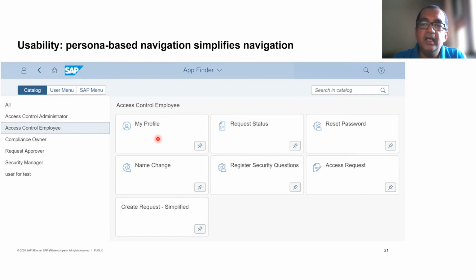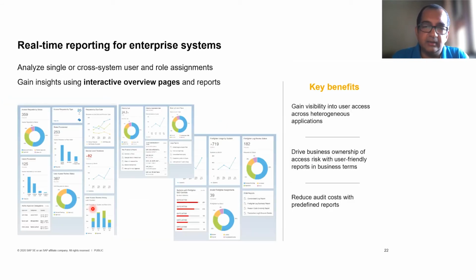For example, if they have placed an access request, they can also keep on monitoring the status of that. Employees can themselves do a password reset as well. So that's one of the core capabilities with SAP Access Control, plus whatever is most important from an end user point of view. So we have persona based navigation as well as the authorizations.